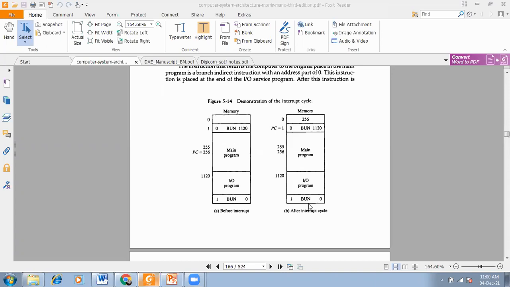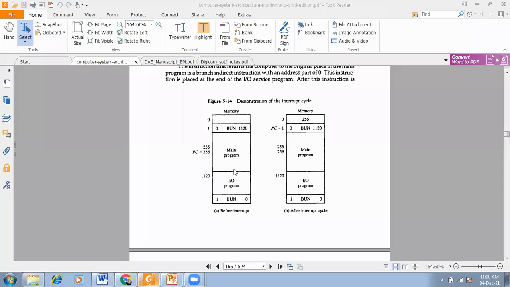What does it mean? That means the data in 0 location is also the address of some other location. That means you have to move to that location, not 0 location. So first at 0 location, what is there? 256. So you come to 256 again. Okay, so you have come back to 256 location again.